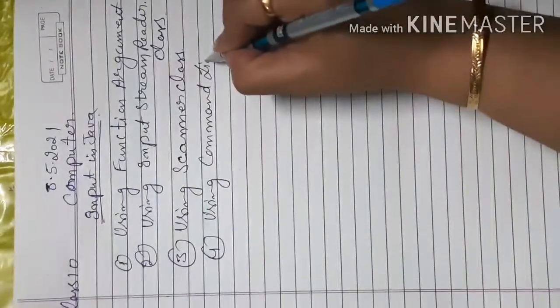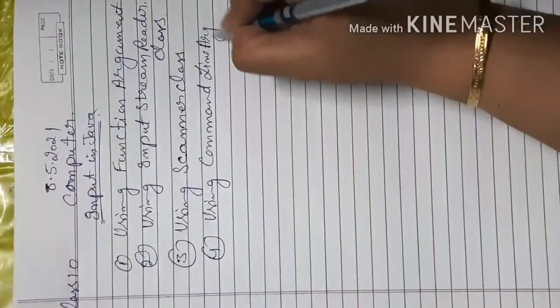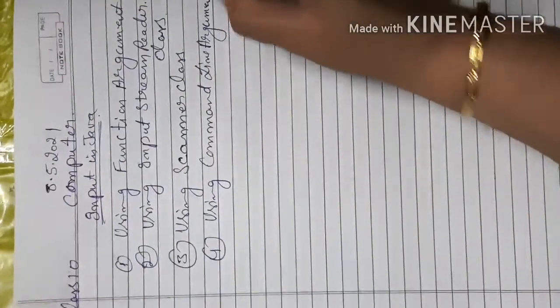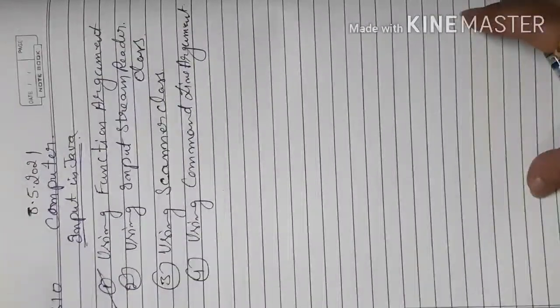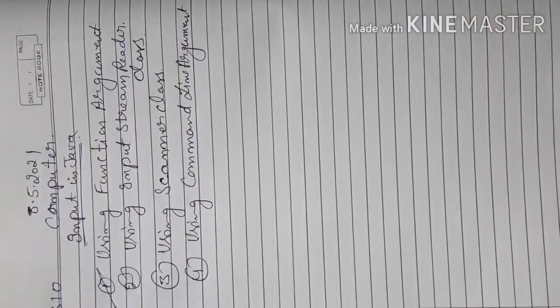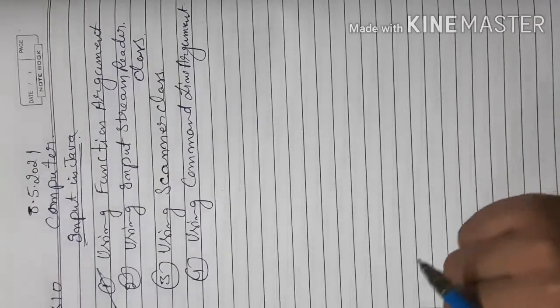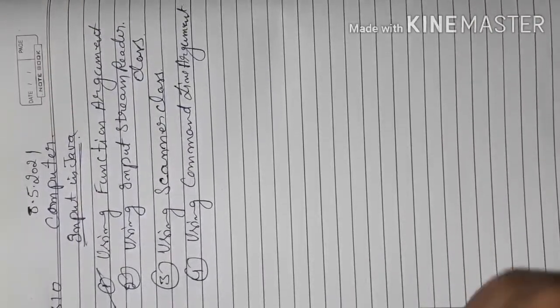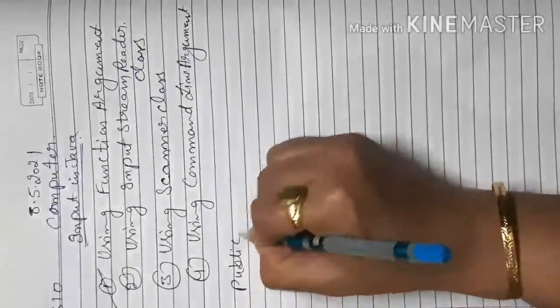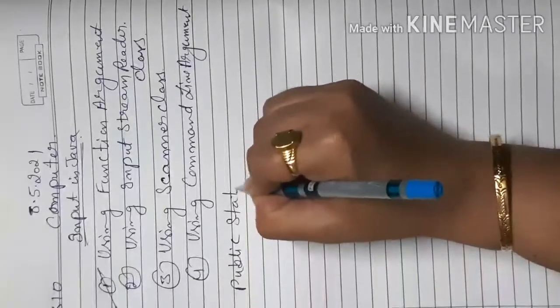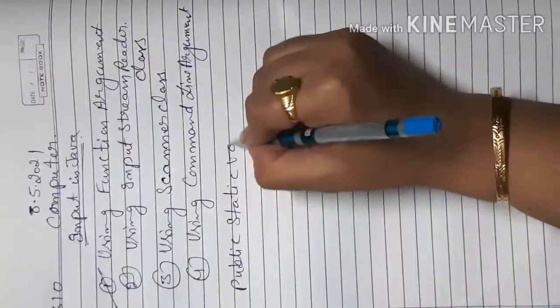Here we will discuss first using function argument. So how can we give instructions to the computer using function argument? In this case, suppose I have an example like public static void main.